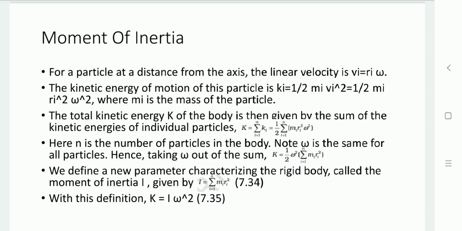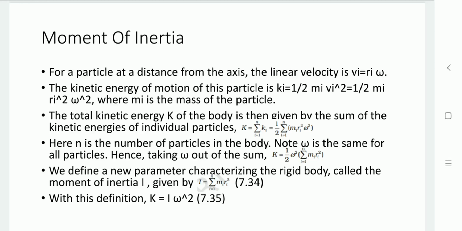So let us take omega out of the summation. K equals 1/2 omega square summation of mi ri square, i from 1 to n. Here the moment of inertia I is defined as the summation of mi ri square, i from 1 to n. So kinetic energy K equals 1/2 I omega square.